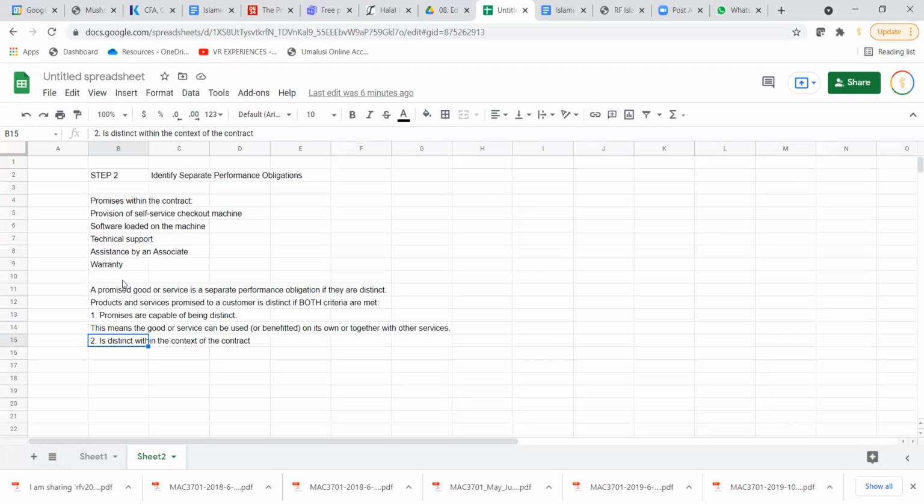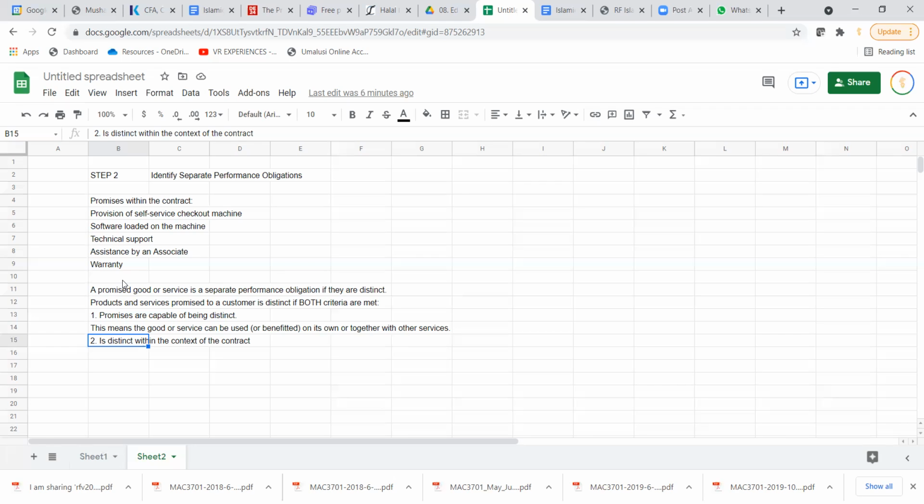We contracted with the architect company to manage the entire project, which means when the project is done, what do we want? We want a completed house. So in order to have a completed house, the project manager has to do all of those services. But given the context of the contract, we contracted with the architect company to provide us a completed house.